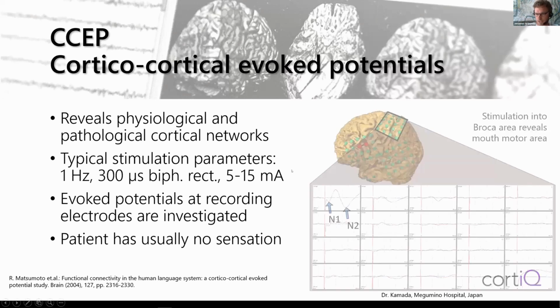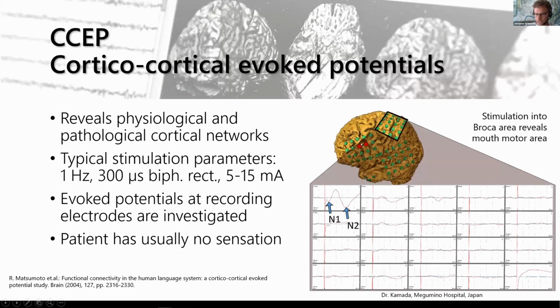For example, in this example, we stimulate into the area indicated by the red dots. It's Broca's area, responsible for generating speech, and we're stimulating with very short pulses, 300 microseconds at 1 hertz, and an amplitude of 5 to 15 milliamps.